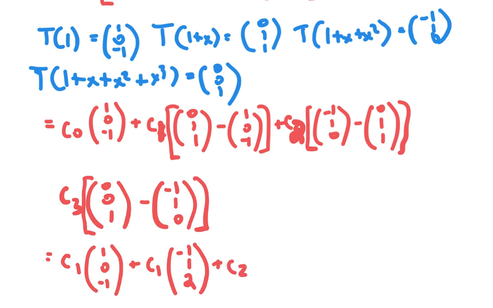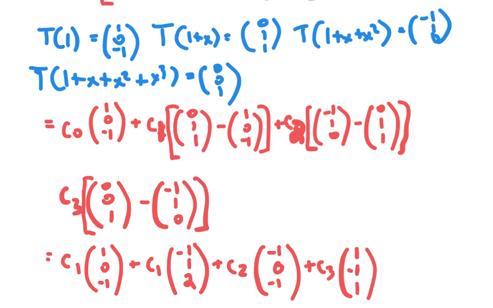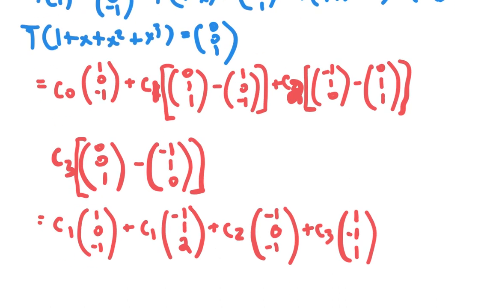Plus C2 times negative 1, 1, 0 minus 0, 1, 1, which is negative 1, 0, negative 1. And C3 times 0, 0, 1 minus negative 1, 1, 0. So that's going to be 1, minus 1, 1. And then let's just clean this up and put this into one vector.